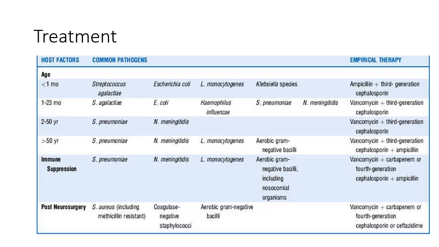Of note, the inclusion of ampicillin in empiric therapy is for your listeria coverage. So best to use in the young, the old, and the immunocompromised.